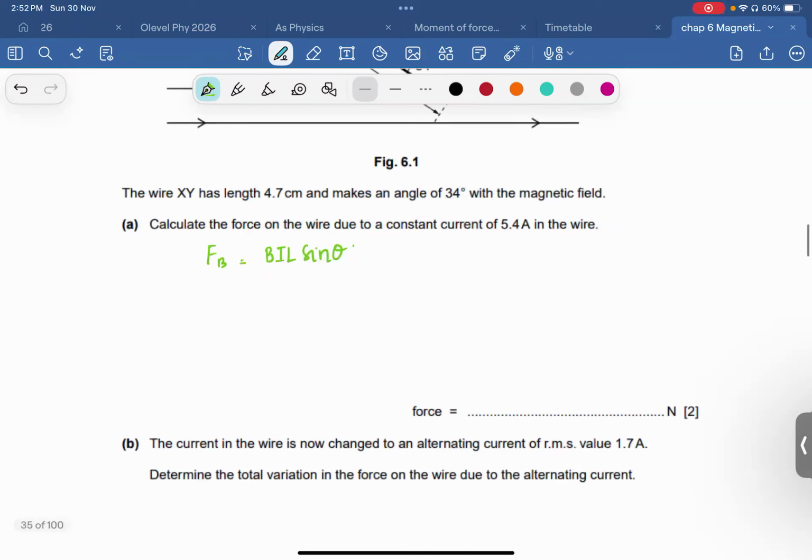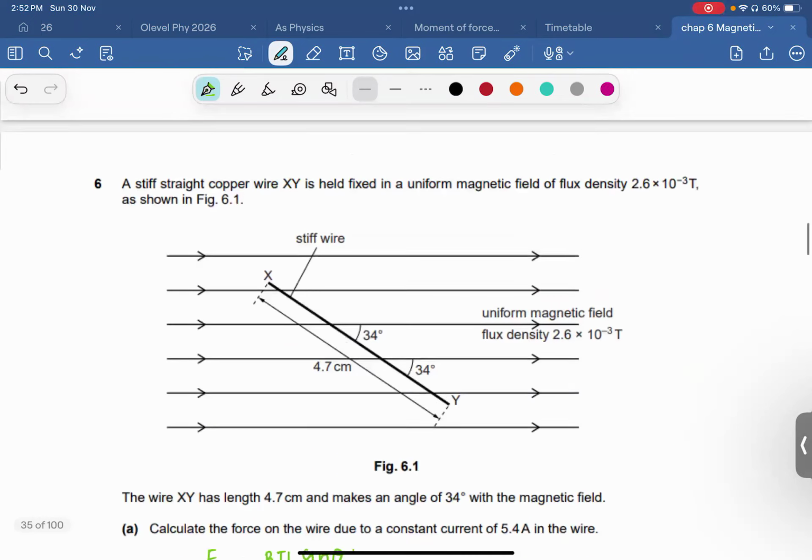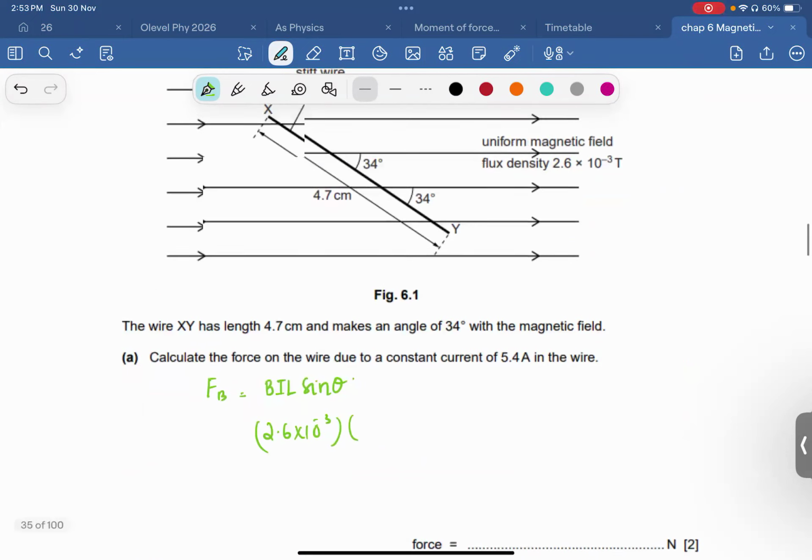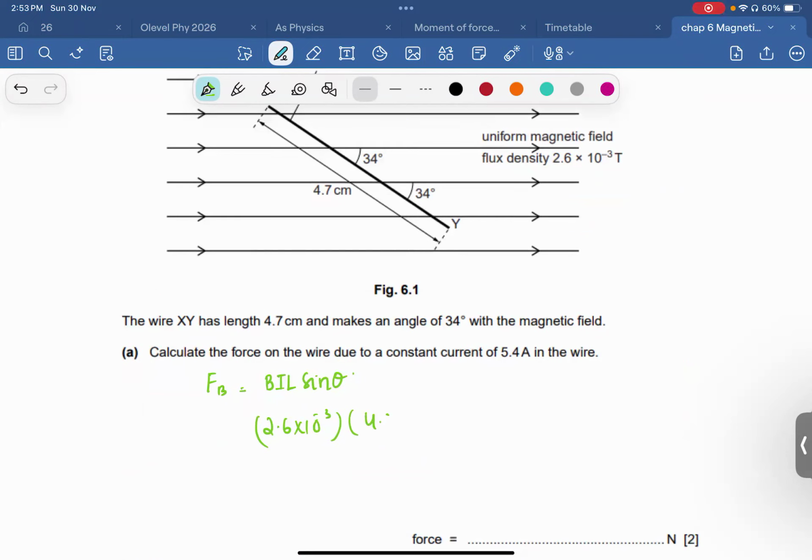So the magnetic field flux density is 2.6 × 10^-3, right? And then I have the length 4.7 centimeters, 4.7 × 10^-2, right? I have the current 5.4 and the angle, sine of 34.